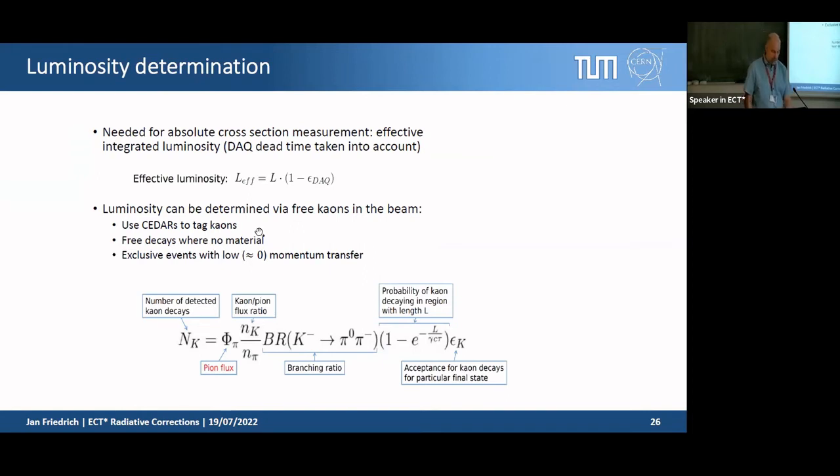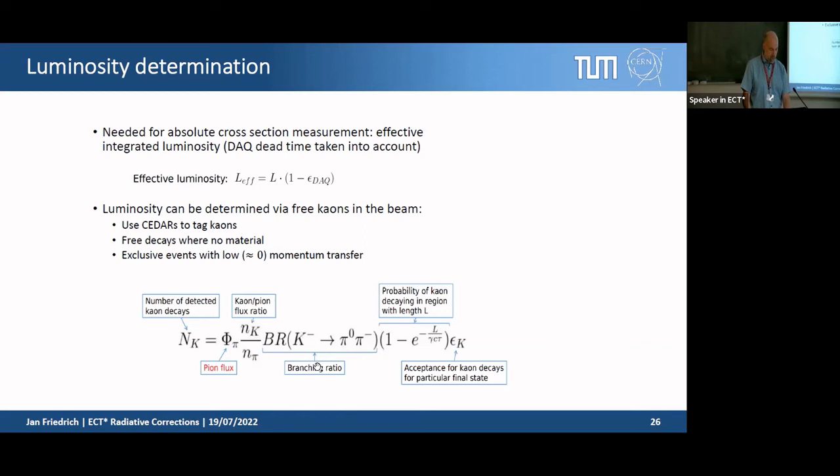And well, the full calculus of getting then in the end the pion flux, this is what we are interested in, is that it enters, of course, in how many detected kaon decays we have, by taking into account how many kaons we have in the beam with respect to the number of pions.